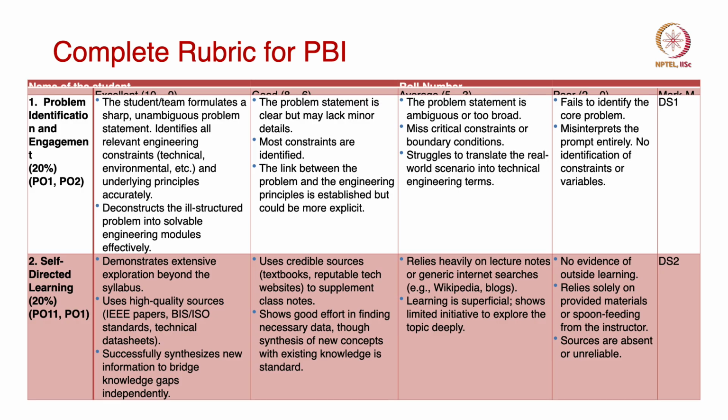It will reduce the considerable time spent searching journals and books in the library, because it can quickly lead to credible resources if you use any of these tools. Uses high quality resources like IEEE papers, BIS, ISO standards, and technical data sheets. Successfully synthesizes new information to bridge knowledge gaps independently.